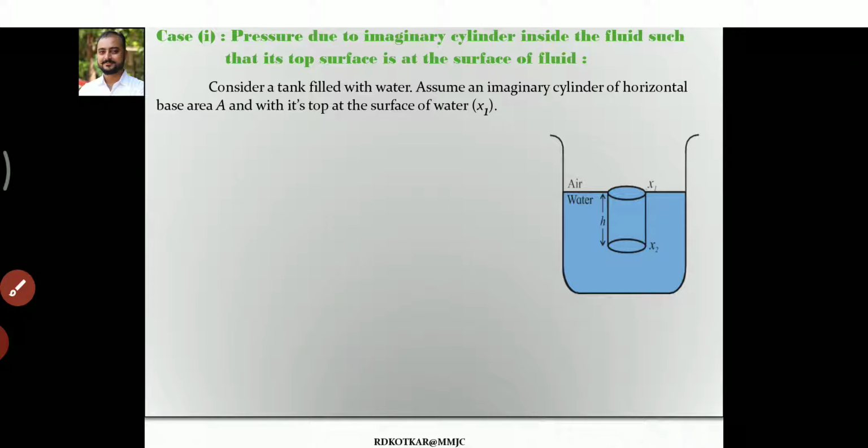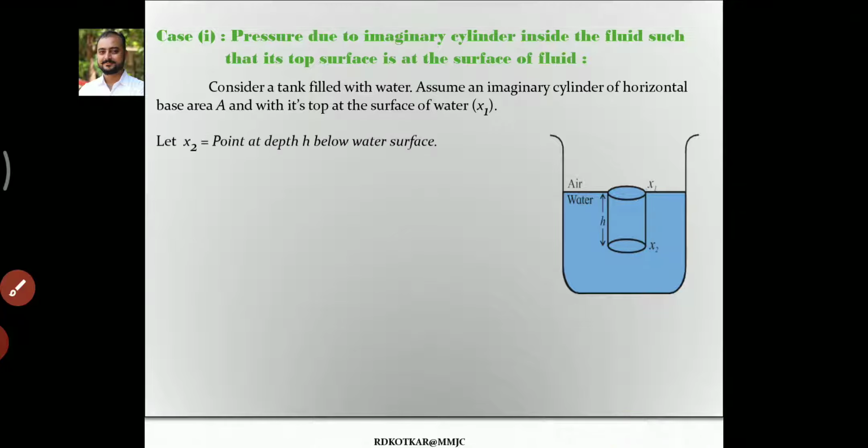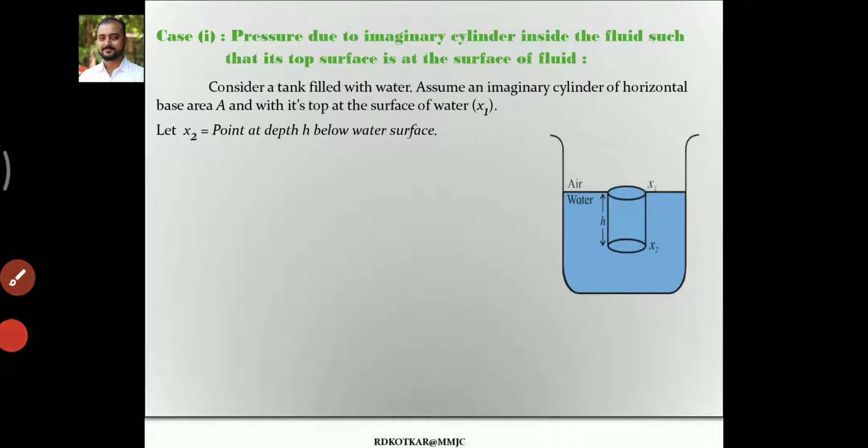Consider a tank filled with water. Assume an imaginary cylinder of horizontal base area A with its top at the surface of the water, say at x1. That means x1 is the surface, and x2 is at the bottom of the cylinder. Let x2 be the point at depth h below the water surface.